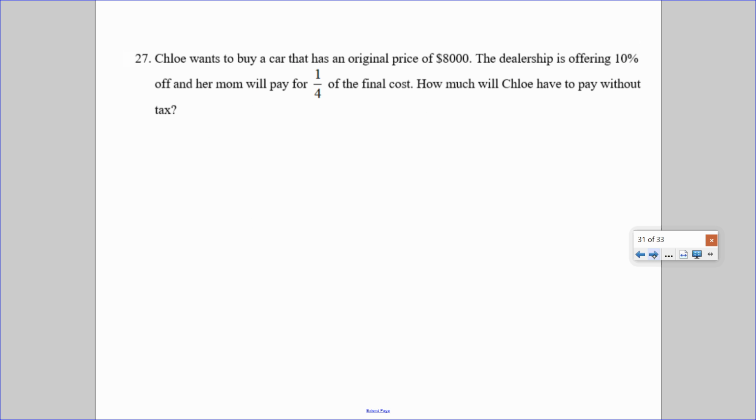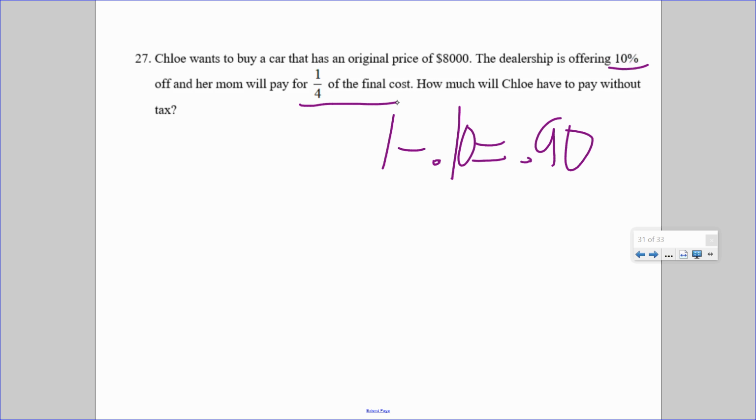Chloe wants to buy a car that has an original price of $8,000. The dealership is offering 10% off, and her mom will pay 1/4 of the final cost. How much will Chloe have to pay without tax? Well, 10% off is 1 minus 0.10, which is 0.90. Her mom is paying 1/4 of the final cost. So what's Chloe paying?